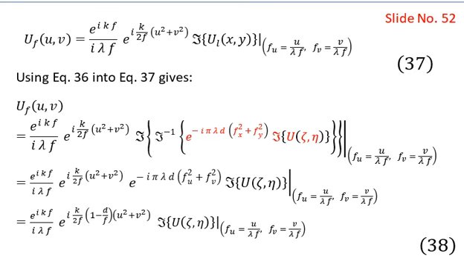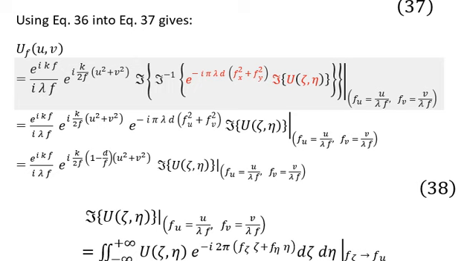And you know that this UL of x comma y was the field just before the lens in equation number 37. When we inserted this expression, then the Fourier transform of U of zeta and eta in equation number 38, where U of zeta and eta is just the field just after the object, having an amplitude transmittance equal to Ta.